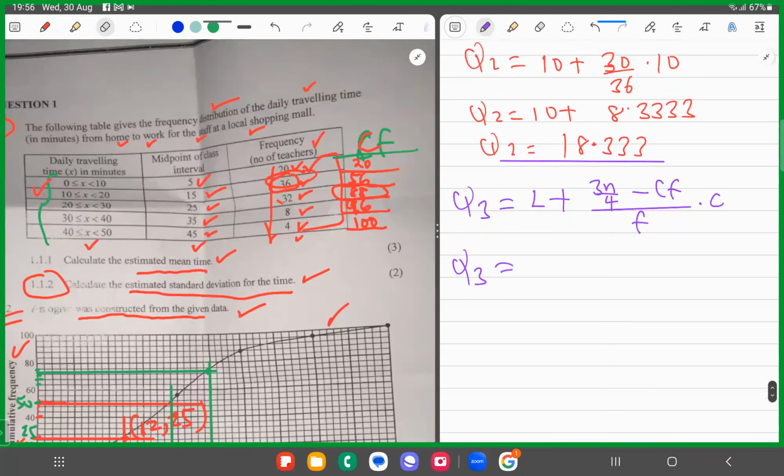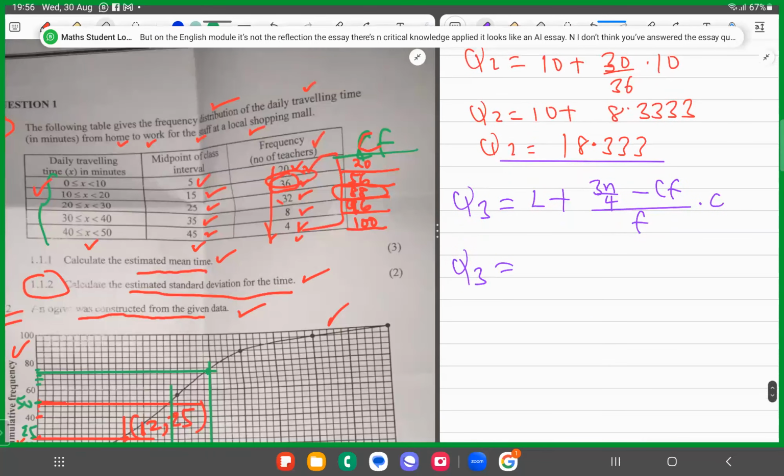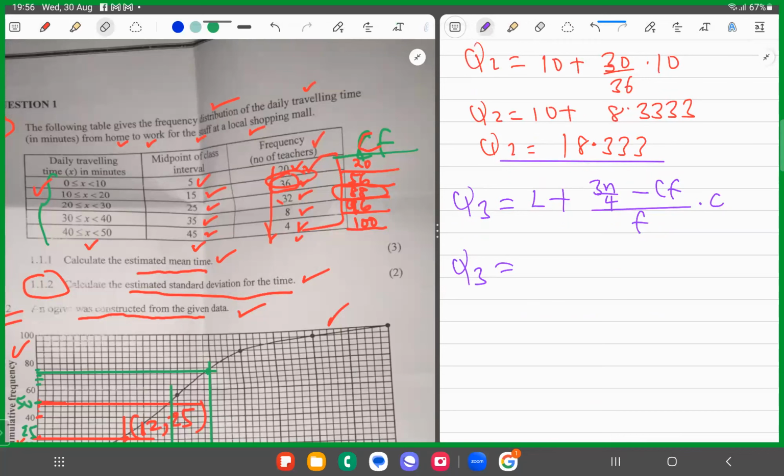So it means that, all right, we'll continue.